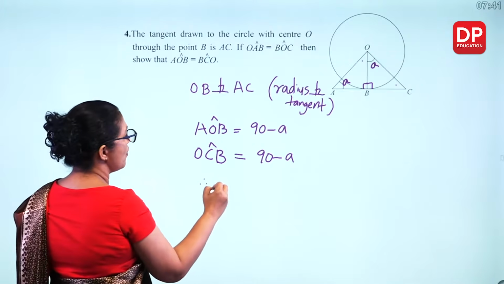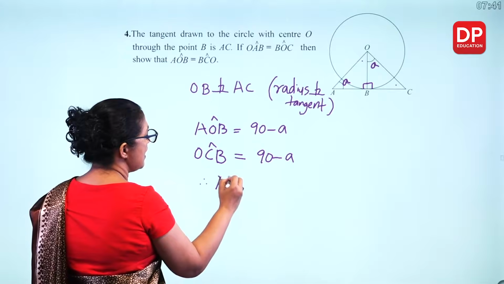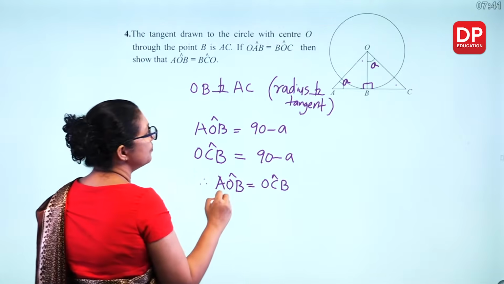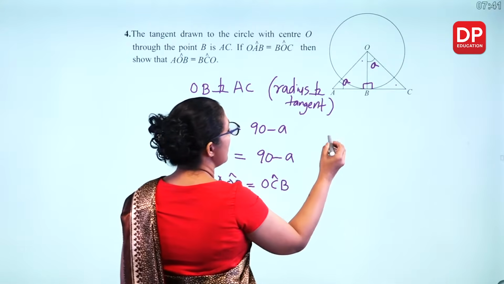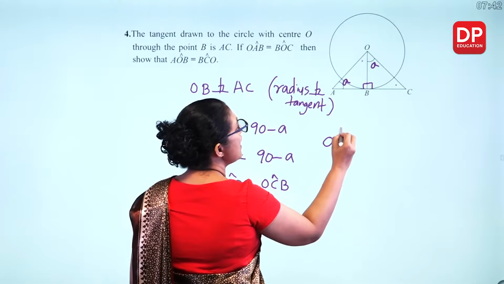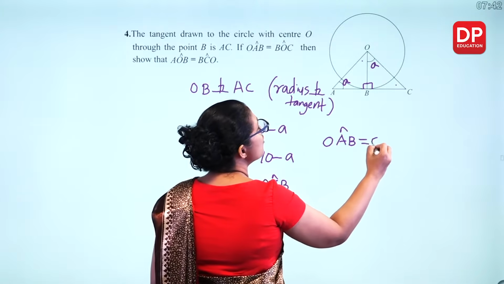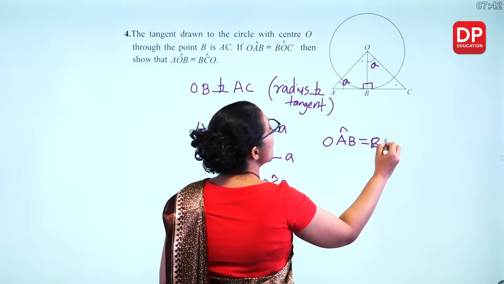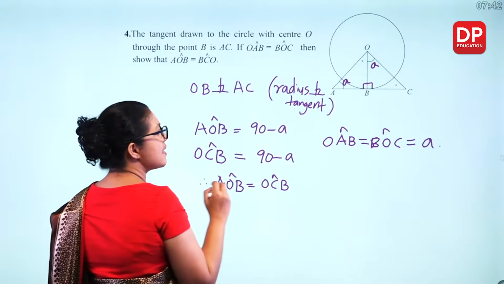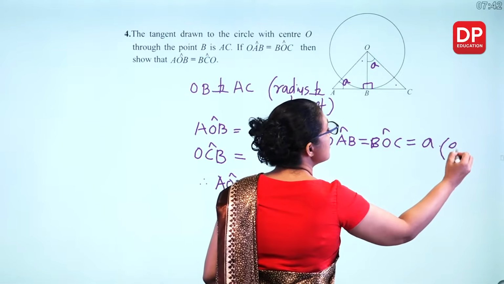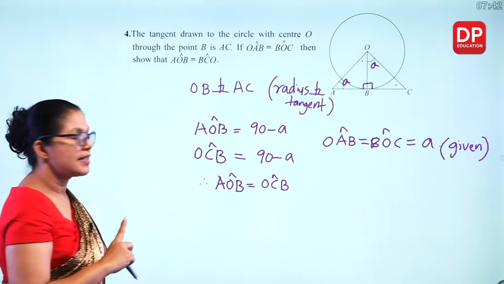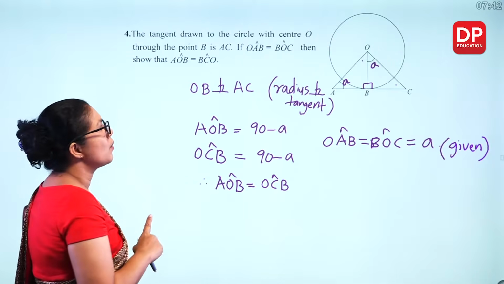So therefore AOB is equal to OCB. So I'll write down this information also. OAB is equal to BOC angle, that's A. It's given in the question. So because of that, these two angles are equal.